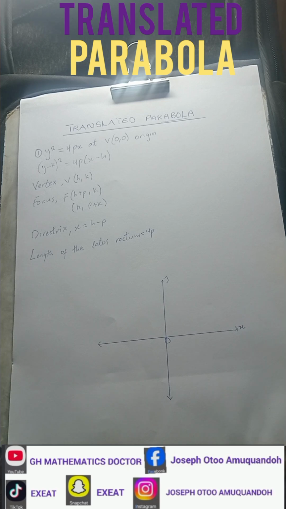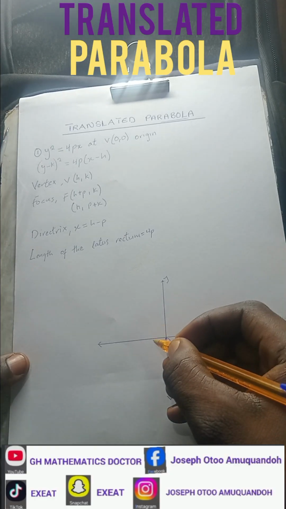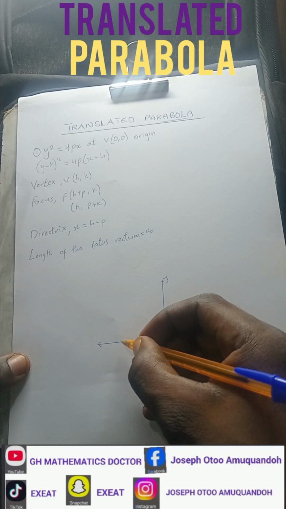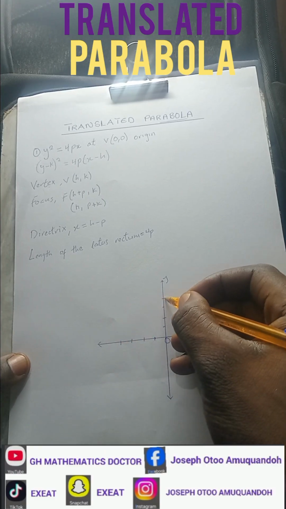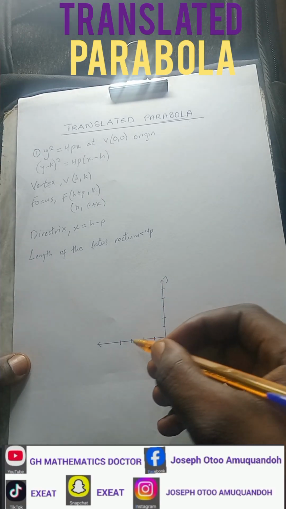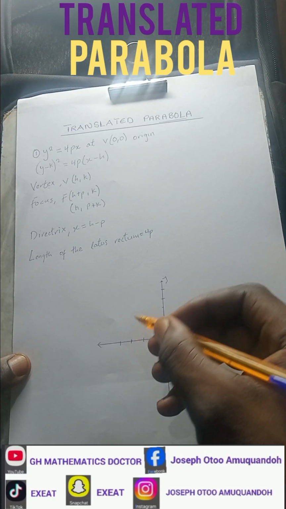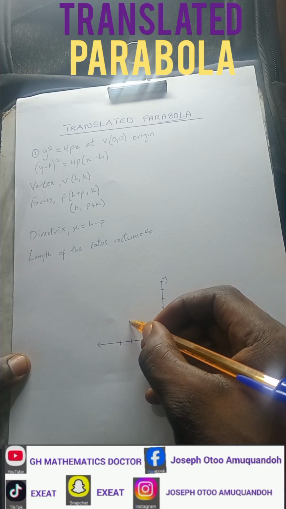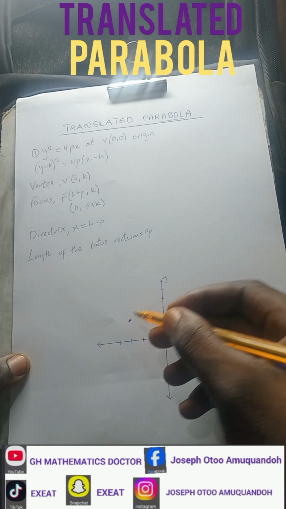It is now having a new vertex. So we assume our new parabola will be found here. So we have here to be -3 against +2 on the y. So this will be our new vertex.